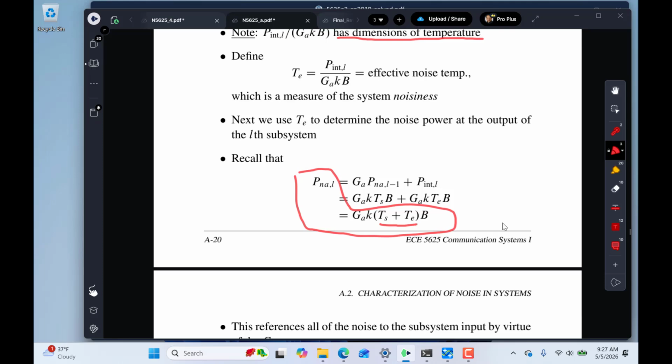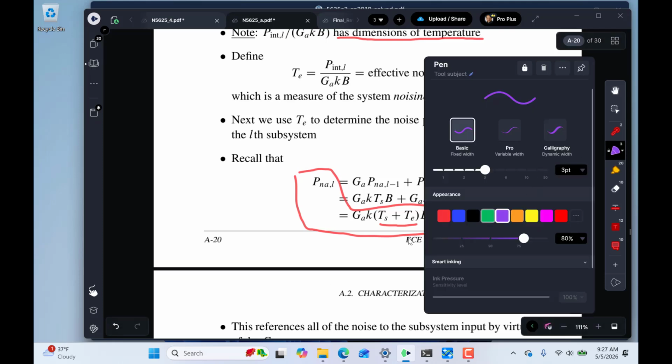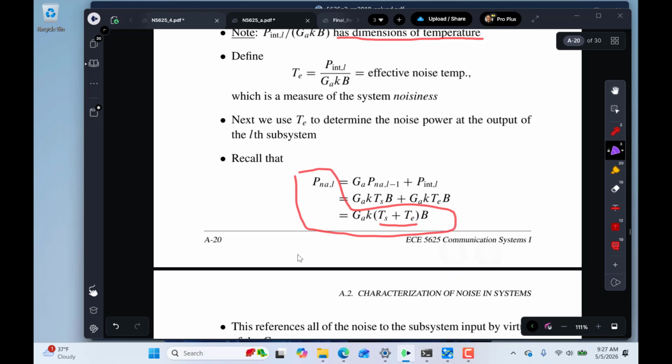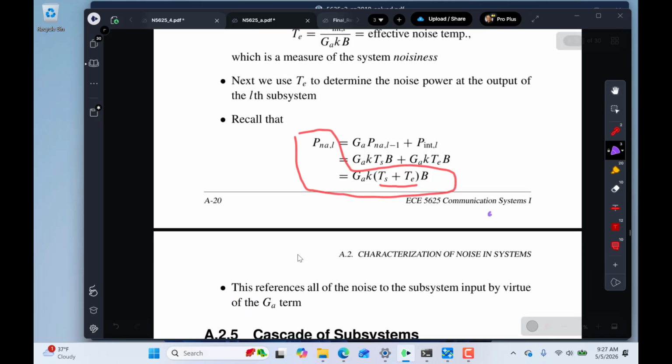So you'd get that as your effective noise temperature for your cascade.